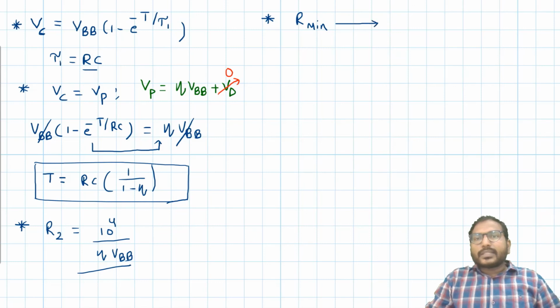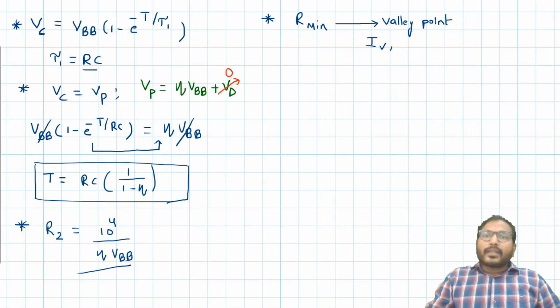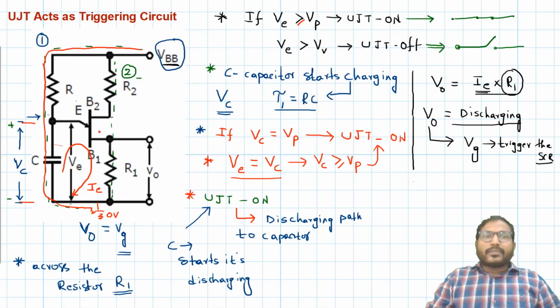R minimum is related to the valley point. The valley point current is IV, the voltage is VV, and the supply voltage is VBB. R is equal to V by I, so R minimum is equal to VBB minus VV, divided by IV. This is the resistance connected between the supply voltage and the voltage at the emitter.